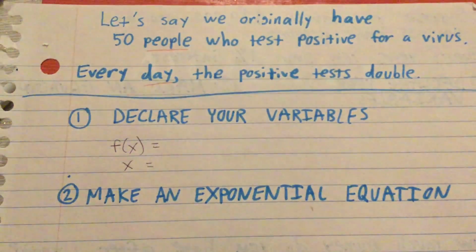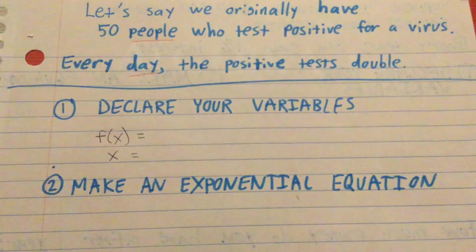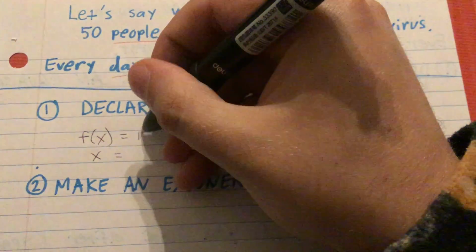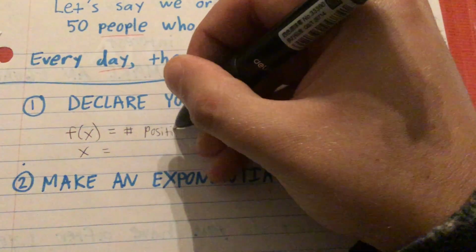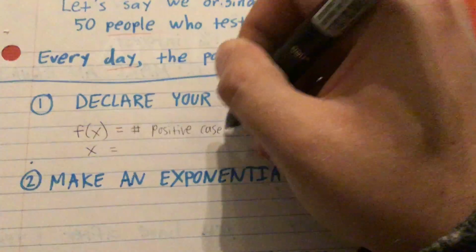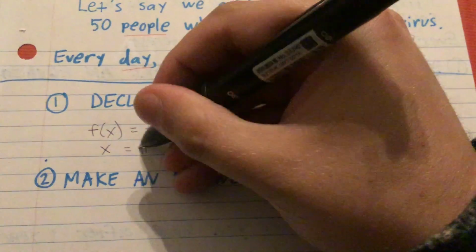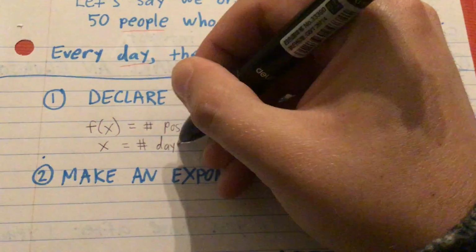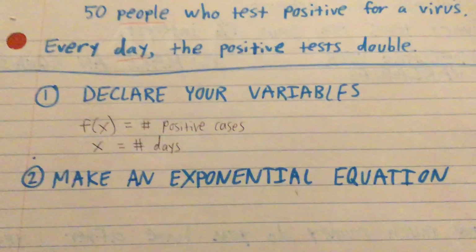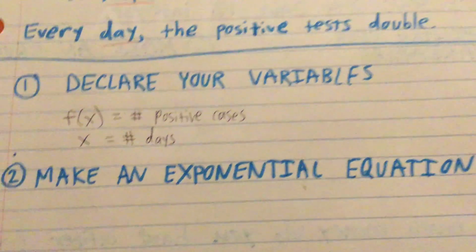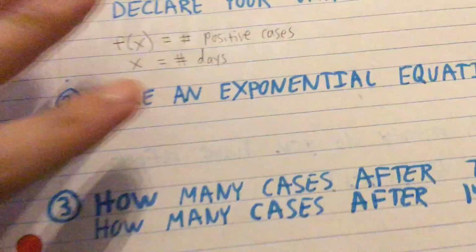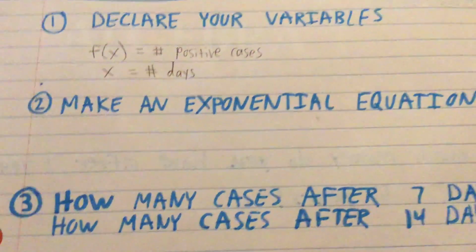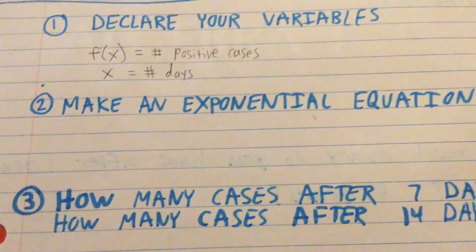Basically, the number of people who test positive for the virus, the number of positive cases, depends on the number of days. We can rephrase this as the number of people with positive cases depends on how many days have passed. Now, how do I make an exponential equation out of this?